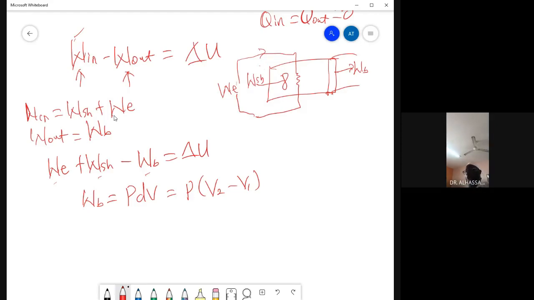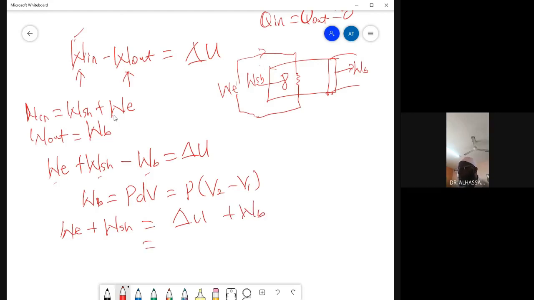Okay, so now if I put it into the equation, WE plus W shaft should be equal to delta U plus WB.